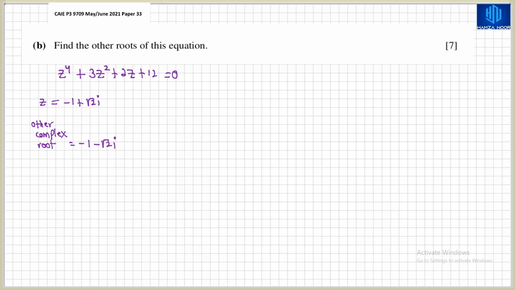Any quadratic equation in a generalized form is x square minus sum of roots times x plus the product of the roots. Here we have the variable z, not x. So we are going to say that z square minus sum of roots times z plus the product of the roots.